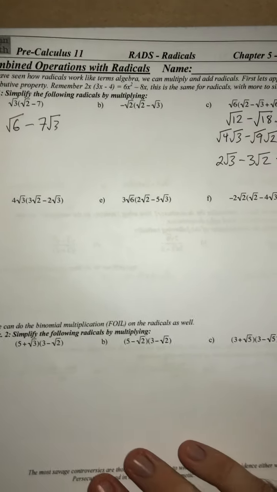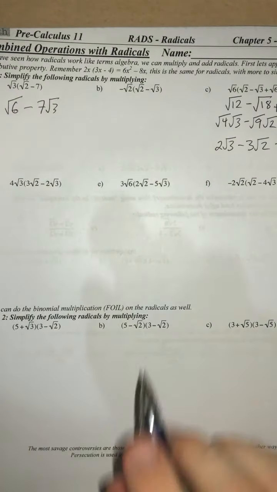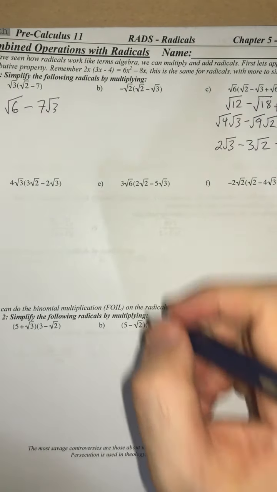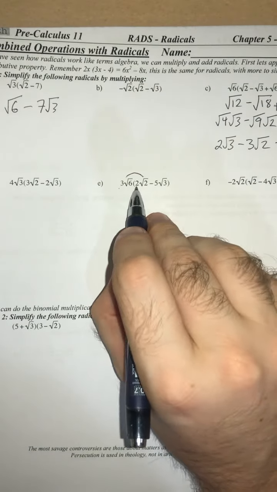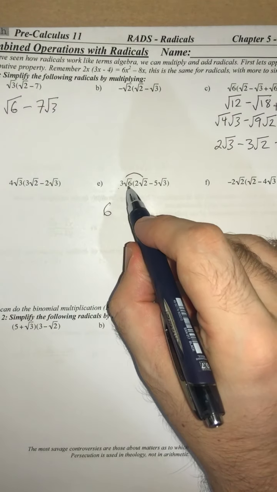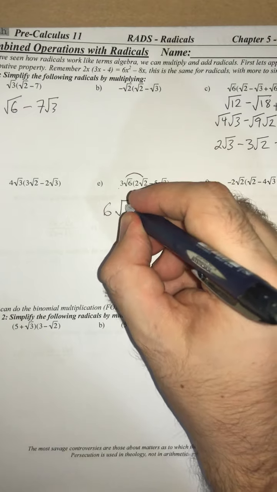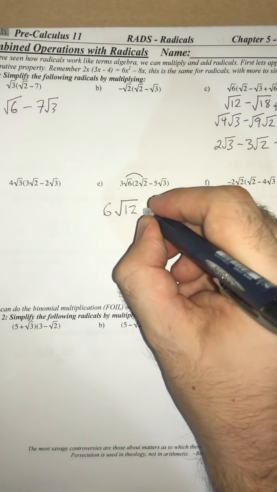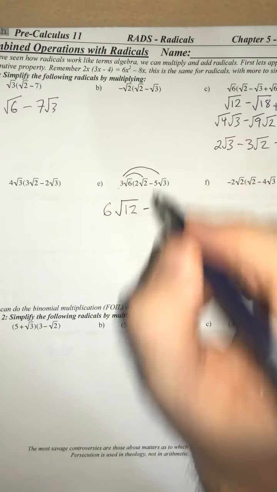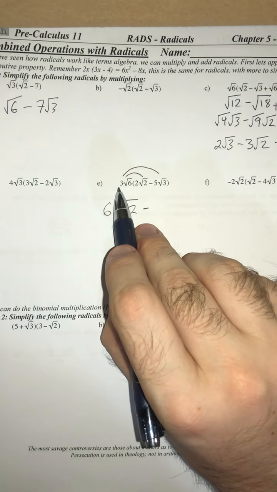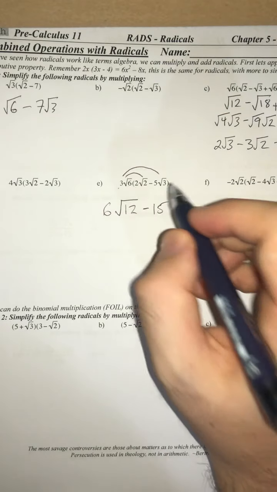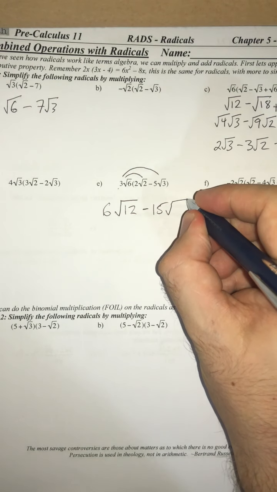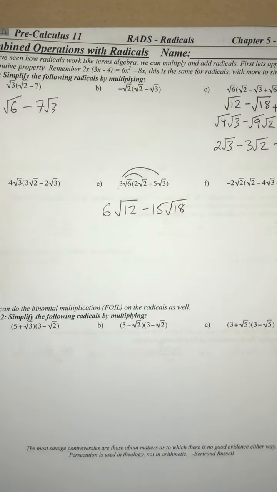Let's try some mixed radicals here. Let's do e. So I'm going to multiply these into each term. So when I multiply these two together, it's 3 times 2 gives you 6. Root 6 times root 2 gives you root 12. Minus, now we take this term and expand it into the other one. So 3 times 5 gives you 15. Root 6 times root 3 gives you root 18. So that's when you've expanded.